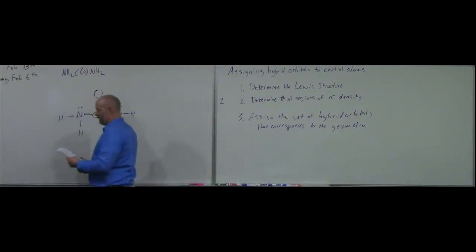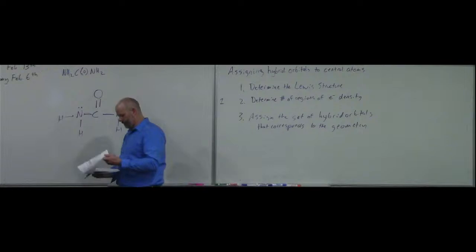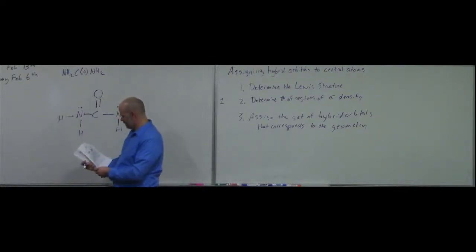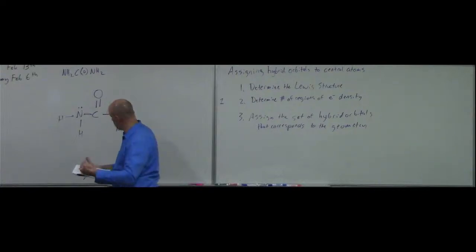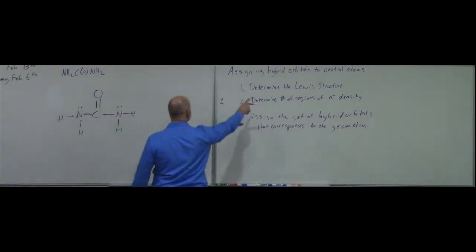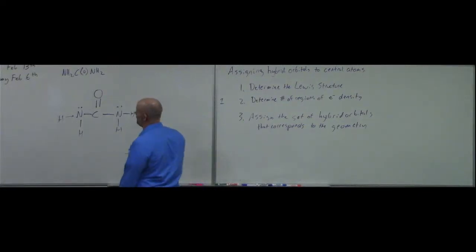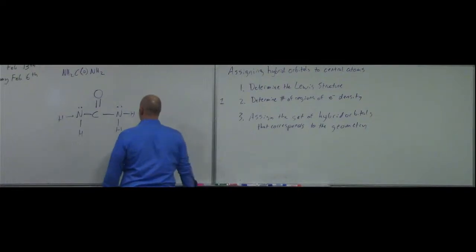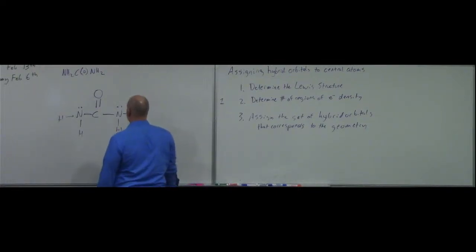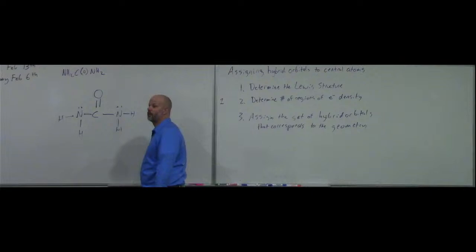All right, now what is the question? What is the hybridization of carbon in this atom? So we've drawn our Lewis structure. How many regions of electron density do we have? 3. Okay. And so when I do 3, what's my molecular shape going to be?